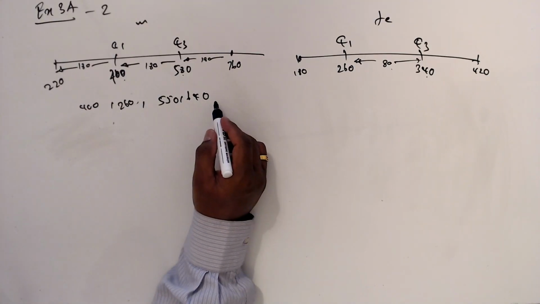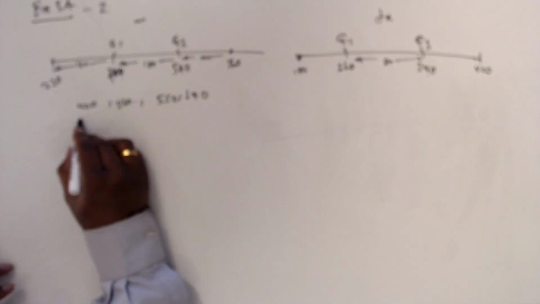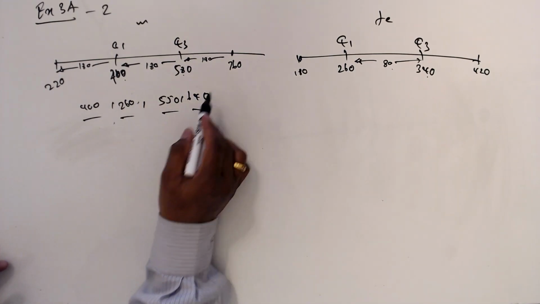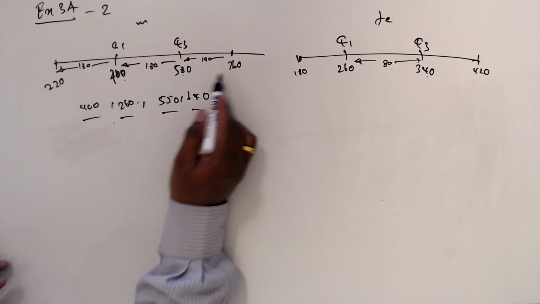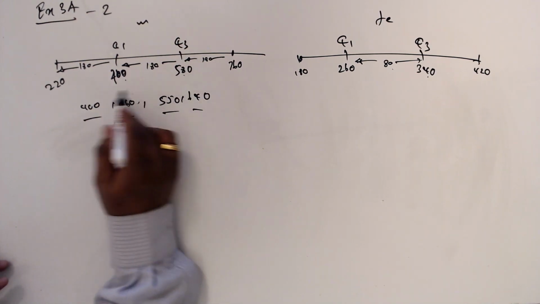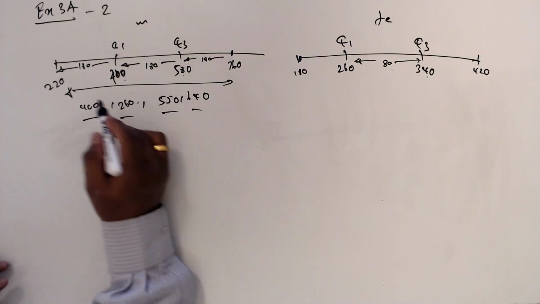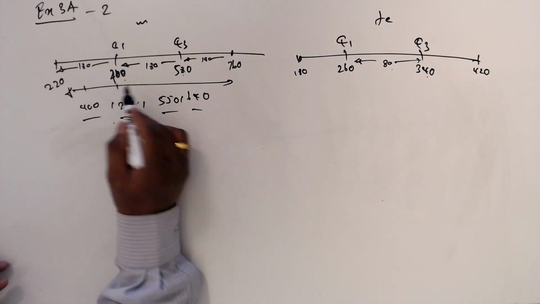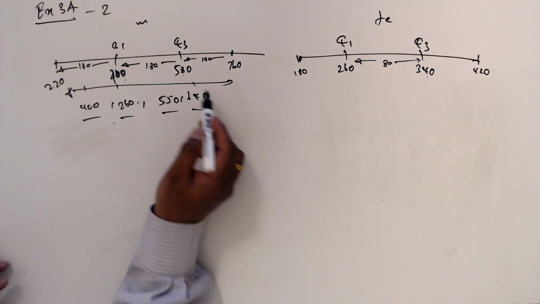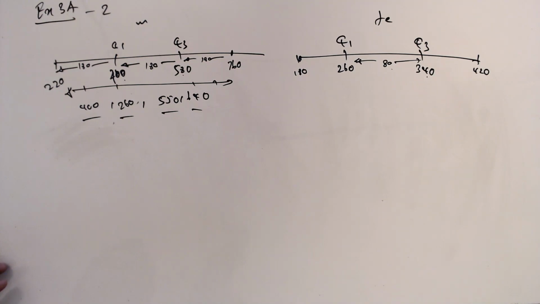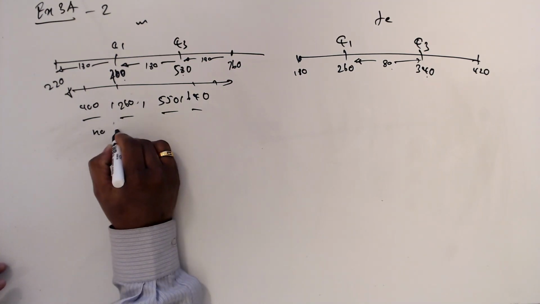So when you look at for males, all the values inside 220 to 760, all the values in between here. So 260 here, 400 here, 550 somewhere, 640 somewhere. So there is no outliers.